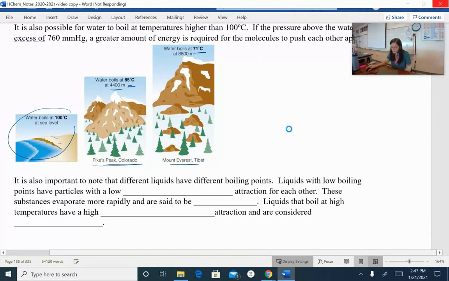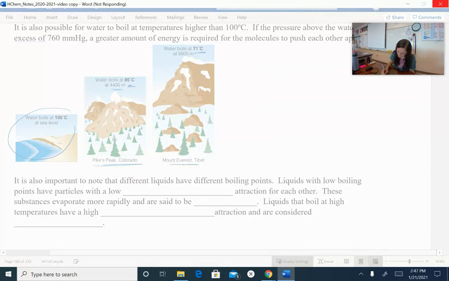Liquids with really low boiling points have particles with low intermolecular attraction. So if I have a low boiling point, I don't have a lot of intermolecular attraction to keep those molecules next to each other, low IMFs. These substances therefore evaporate more rapidly and are said to be volatile.